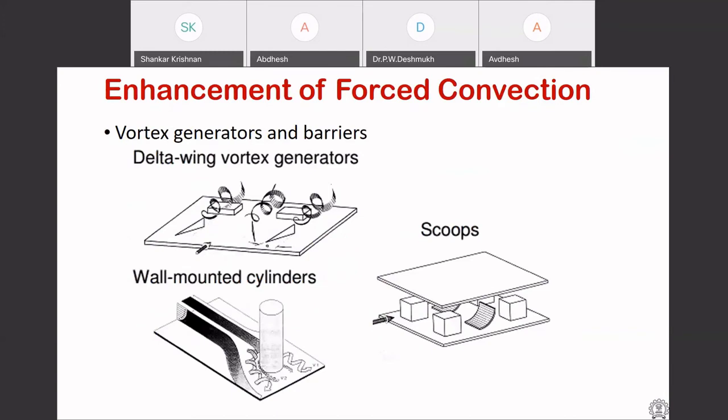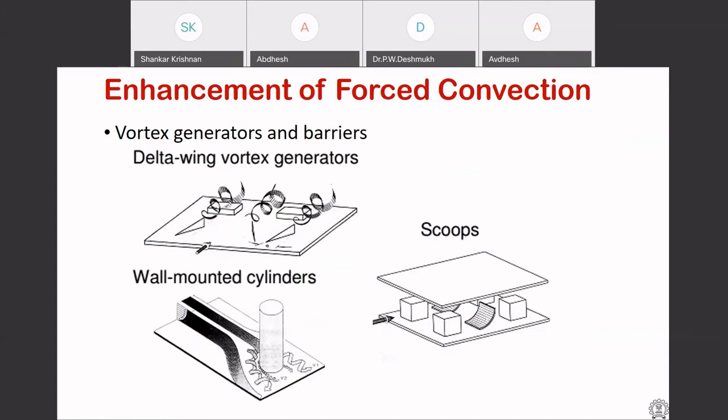Then the second one is to include what are called winglets, delta wing vortex generators. When you put in flow, you can see the flow direction is this way, and if you put in these vortex generators, they induce vortices, and if the vortices are longitudinal, then you get enhancement. If the vortices are transverse, you don't get enhancement, you only get mixing.